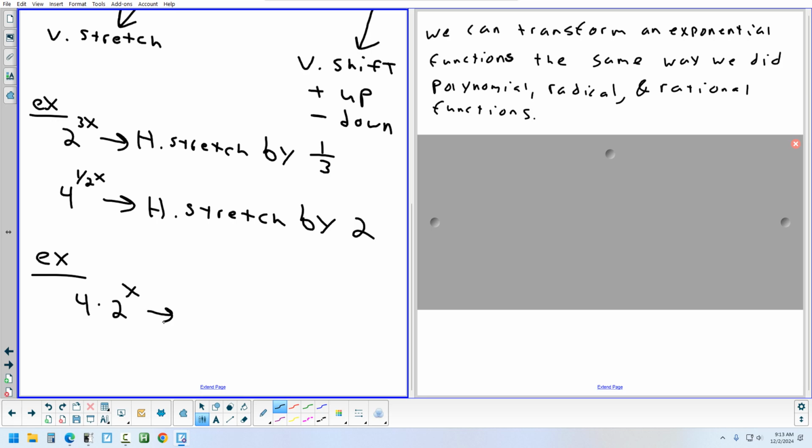And no, you can't do 4 times 2 and write 8. You can't, because there's an exponent there. PEMDAS, you've got to do exponents first. So, vertical stretch by 4. And then if you had something like 1/3 times 2 to the x, that's a vertical stretch by 1/3.